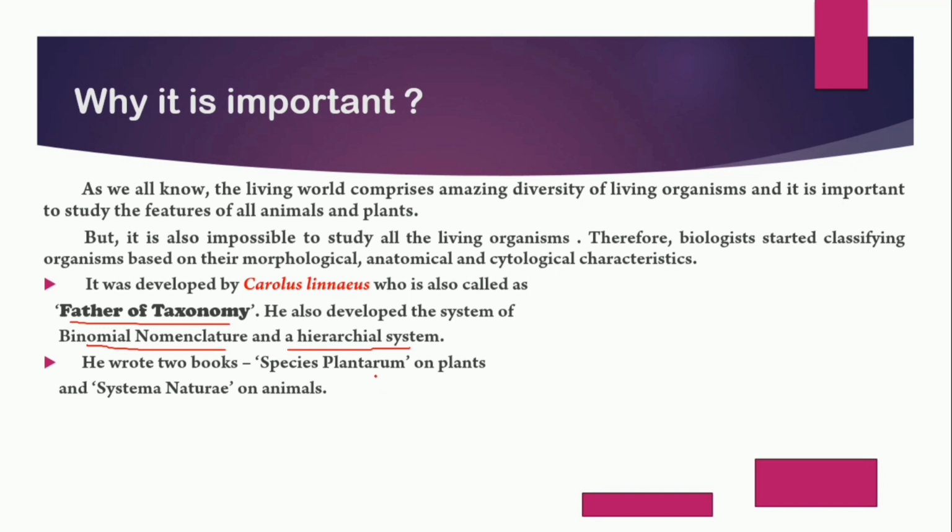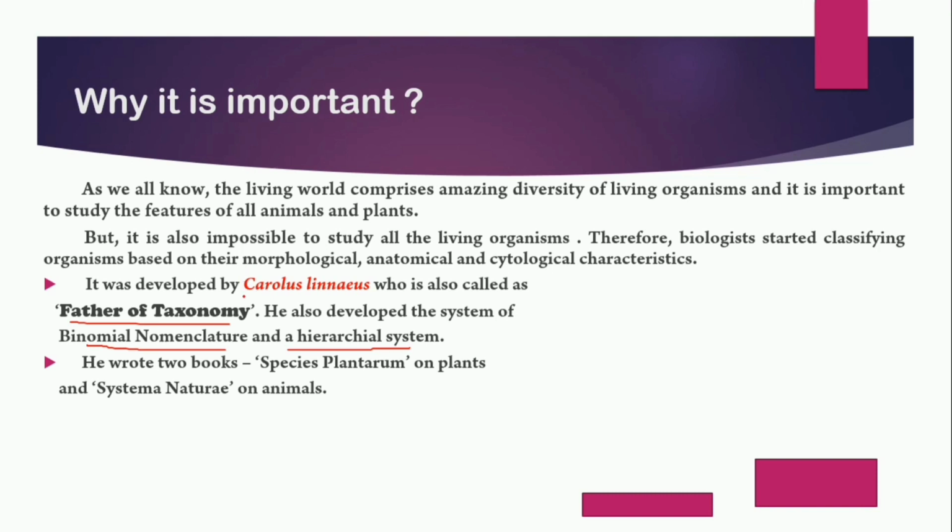But let me tell you a very interesting fact about this biologist. Look at his name. Have you ever started your surname with a small letter? I don't think so. But this scientist, as he developed binomial nomenclature, also followed those rules on his own name.